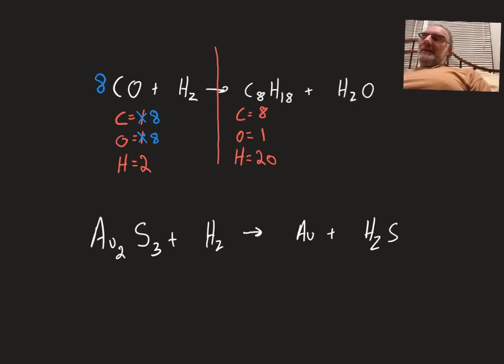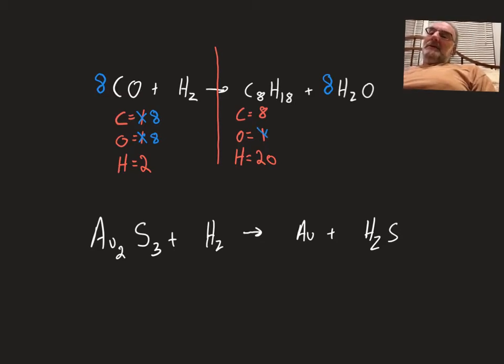Now I have balanced the carbons, but I need to move to the oxygens. On the left side, the reactant side, I have 8 oxygens, and on the product side I have a total of 1 oxygen. So I need to fix that. I'm going to go over here to the water, and give myself 8 waters. In order to give myself 8 oxygens, I need to make 8 waters.